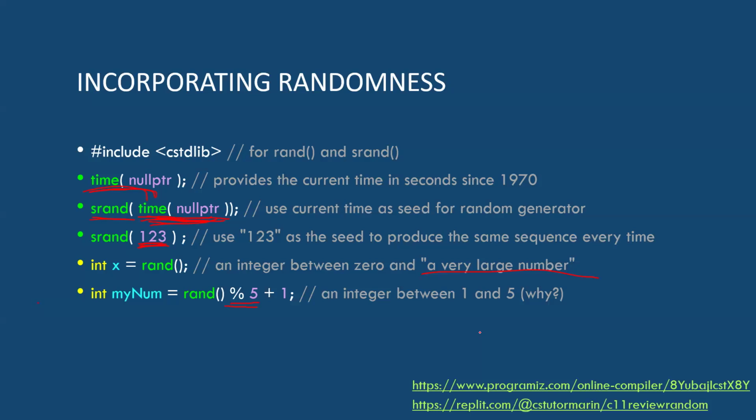We're never going to have a remainder of 5 when we divide by 5, right? So if we want it to be between 1 and 5, hopefully everybody can see that by adding 1 to this result, we're shifting the range of that value up by 1, okay? So when we do our dice for Risk or something like that, we're going to tweak this equation a little bit to shift the range of the randomness that comes out of it, okay?